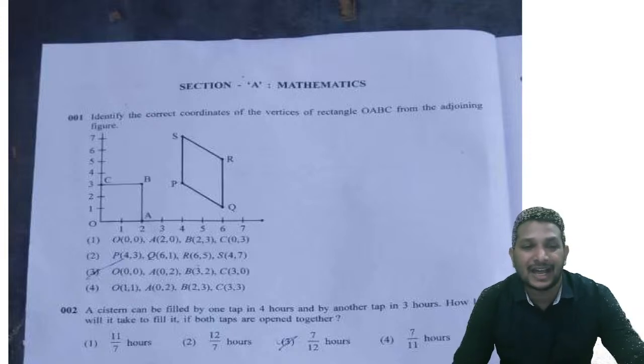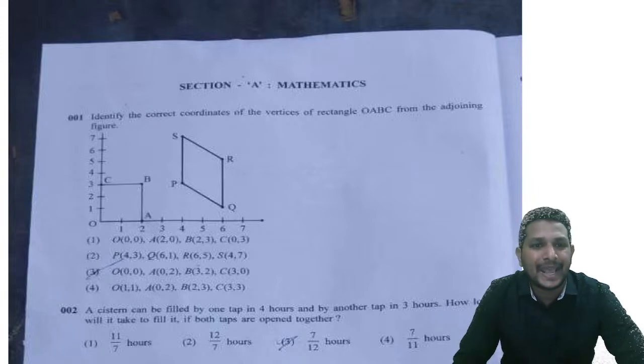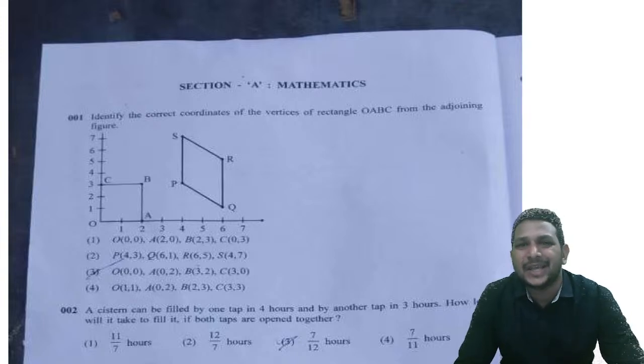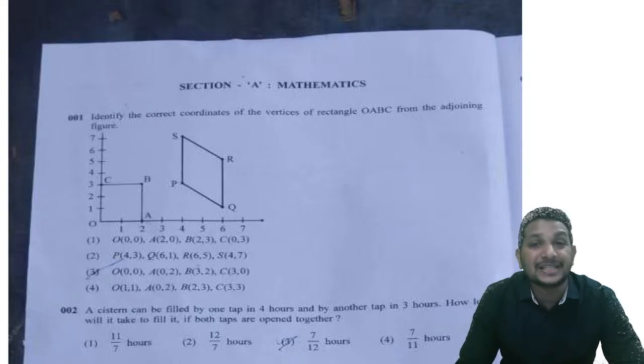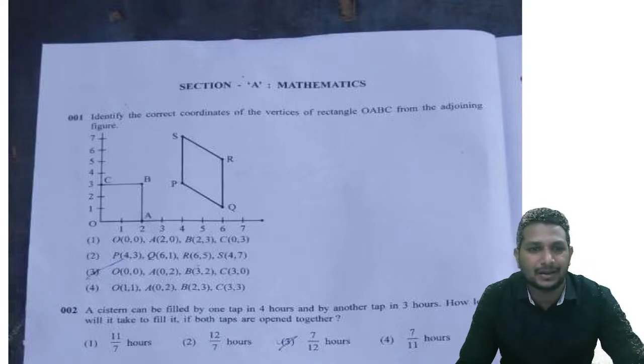If you observe the graph carefully, they gave OABC and PQRS also, but they're asking to write only the vertices of OABC. As we can see, O is the origin, capital A is a point lying on the x-axis, capital C is lying on the y-axis, and capital B is in the middle, not on the x or y-axis.